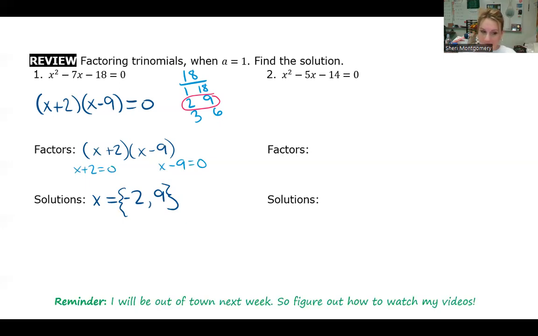Example 2. I already know what the form is going to look like. I'm ready to get factors of 14. I need the pair that I can put together to make 5.